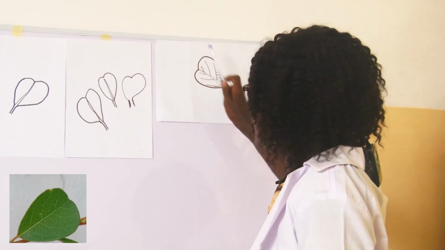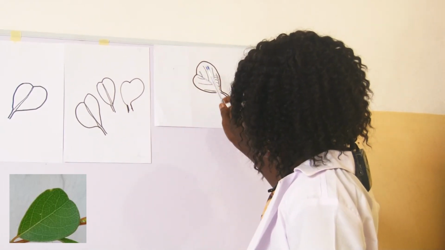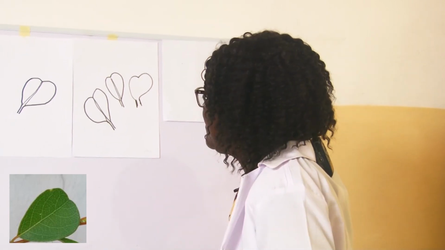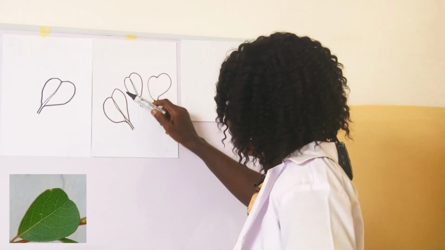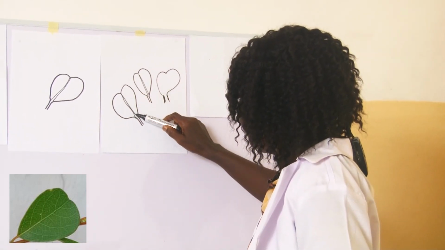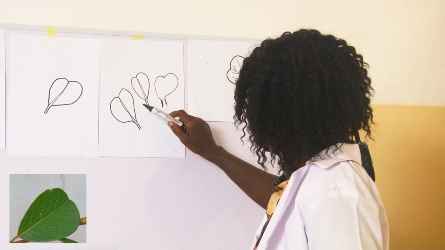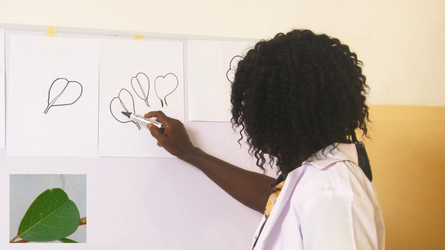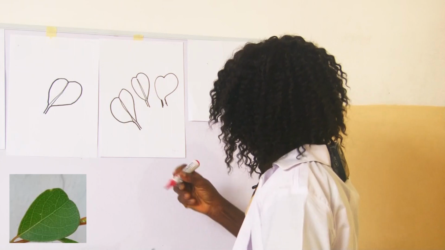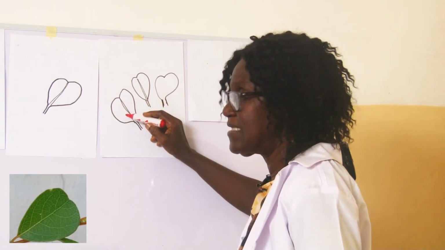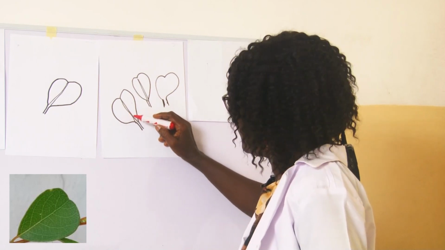Look at the leaf in the shorts and look at the one that I tried to make. If you drew the leaf like this, the proportion is wrong, because in the leaf in the shorts, this side of the lamina is smaller than here, so the proportions of your drawing are bad here.